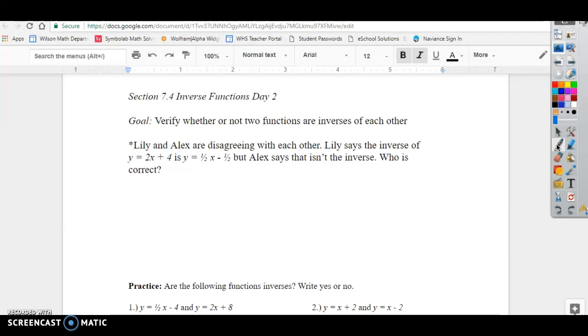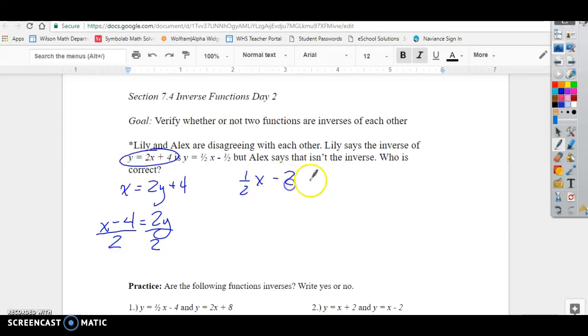I find the easiest, most simple way to do this is literally just take one of the functions. We're going to just switch the x and y around, and then we'll get y by itself. So at this point, I divide everything by 2. So that's a half x minus 2 equals y. That would be my inverse. Now, it's darn close to being the inverse.